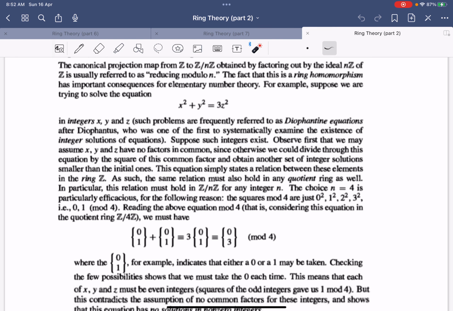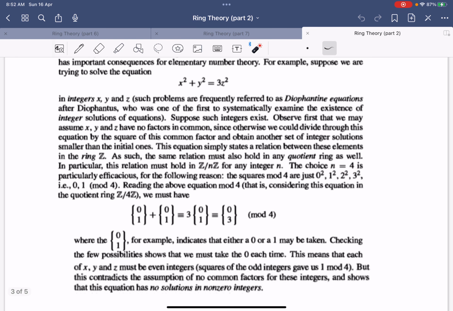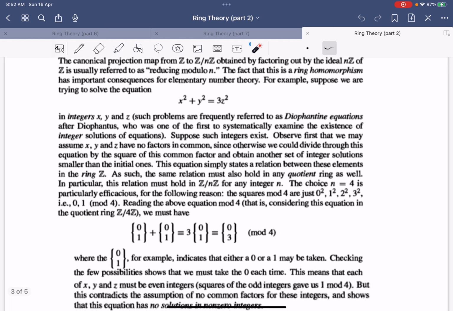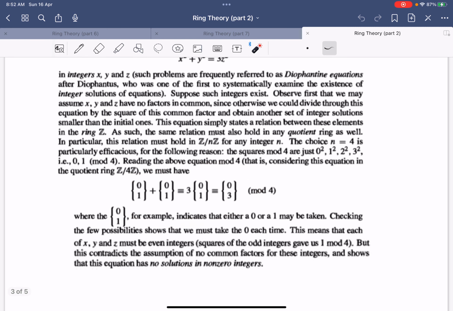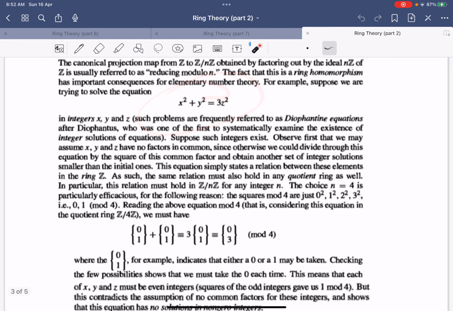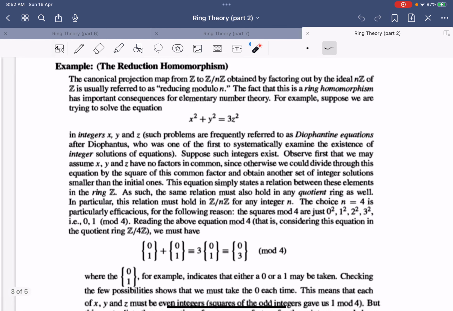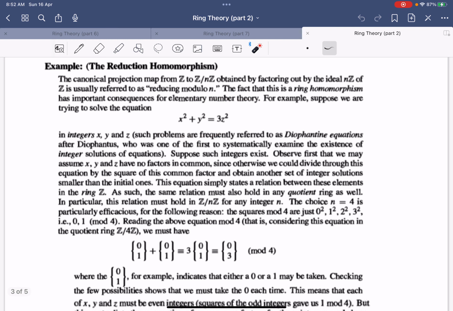For example, if n equals 4, then the squares mod 4 are just 0 and 1. So this is 0 or 1, this is 0 or 1, and this is 0 or 3. And so you really can't form in any way a set of solutions to this equation. Because you can't form any solutions here, you can't form any solutions in the original. So you have actually proved that the original equation has no integer solutions.